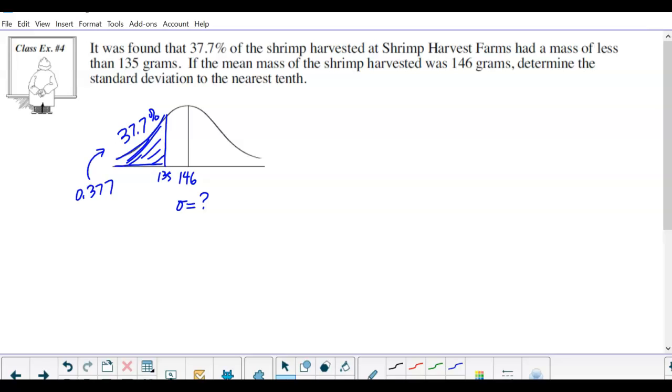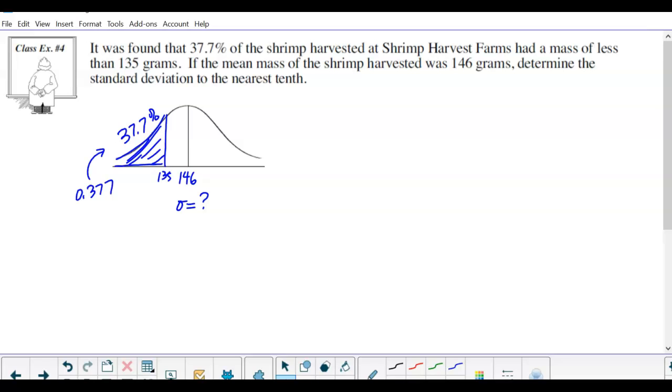There's not a thing in your calculator to get the standard deviation directly. You can play around with it, but I don't think there is, so you have to do a little bit of extra work in this case.